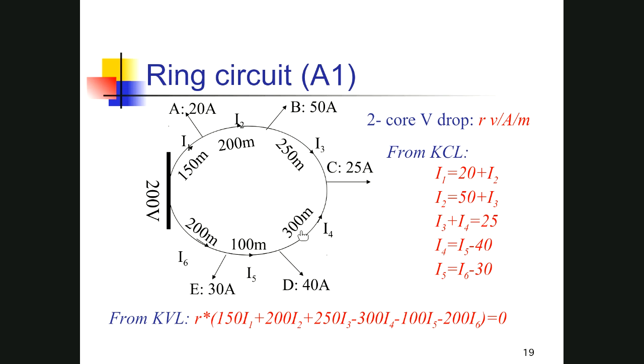And 300 meters away from load C, we have load D, which draws 40 amperes. Another 100 meters away from D, which is also 200 meters away from the source on the other side, is a load drawing 30 amperes from the source.